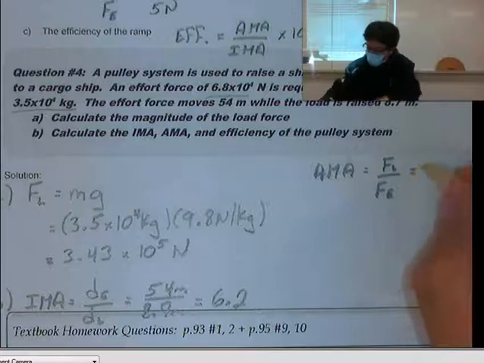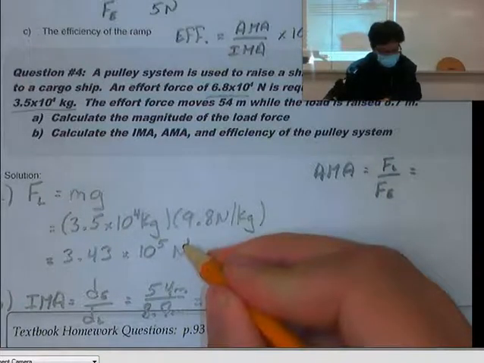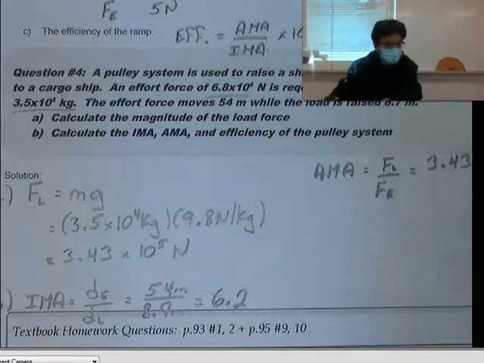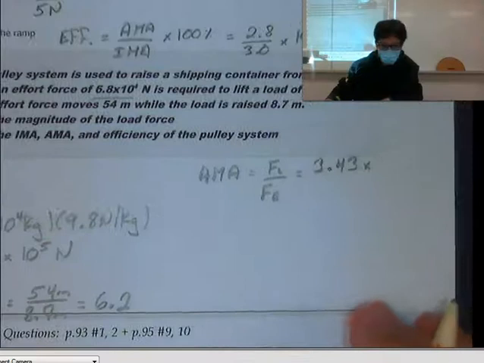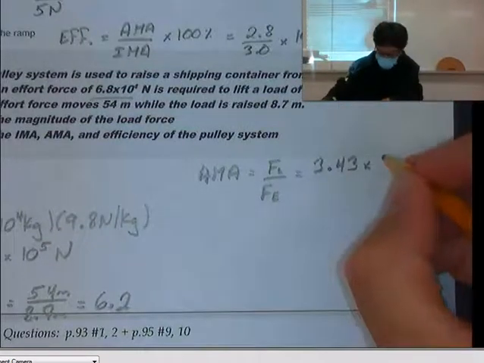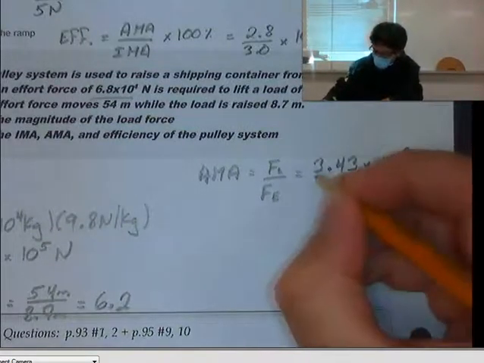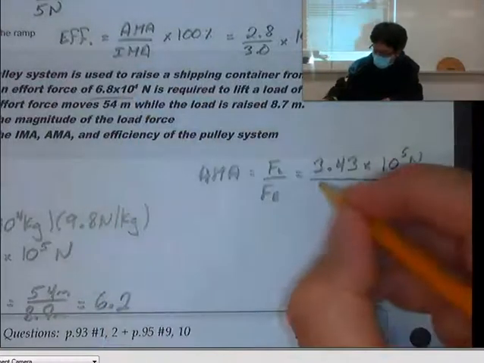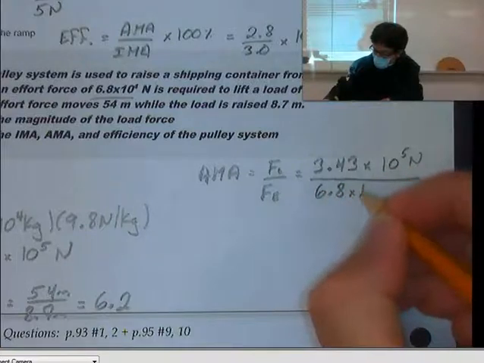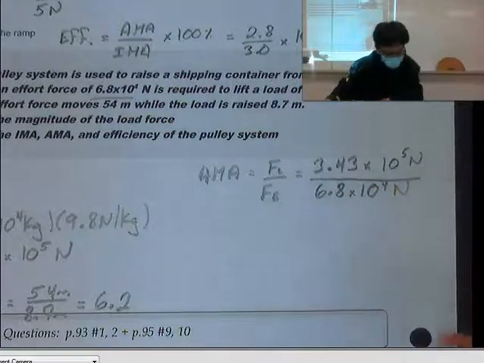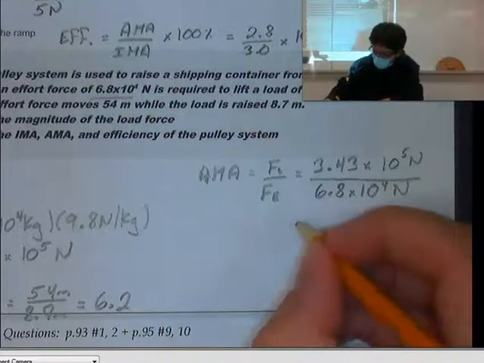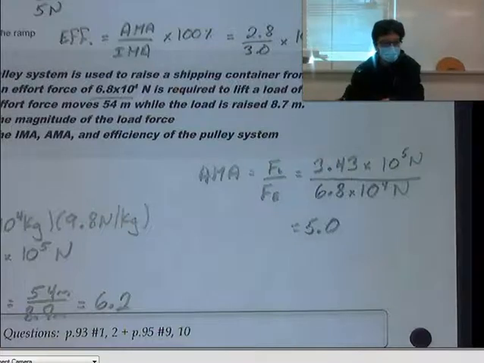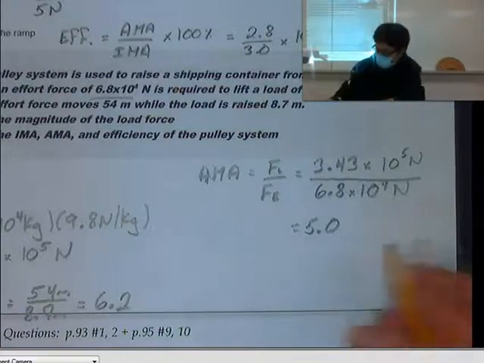And so you have your load force, which we calculated in part A, 3.43 times 10 to the 5, divided by the effort force, which is here in the question, 6.8 times 10 to the 4, and we get 5. So not as high, but like I said, that'll always be lower because of those frictional forces.